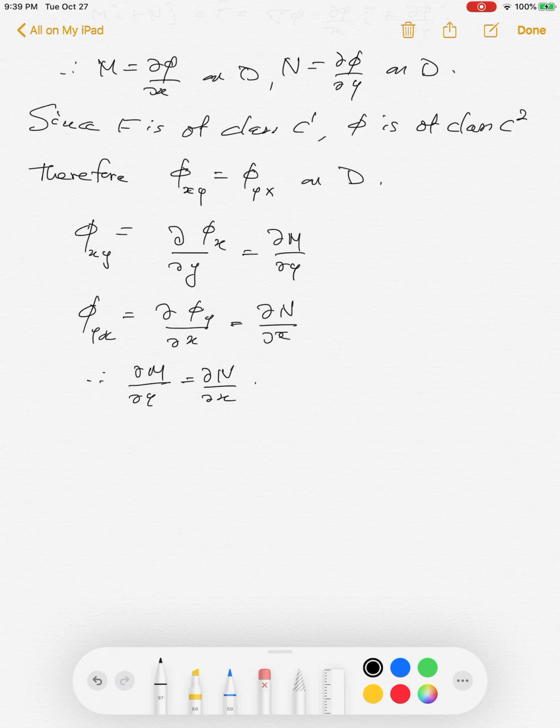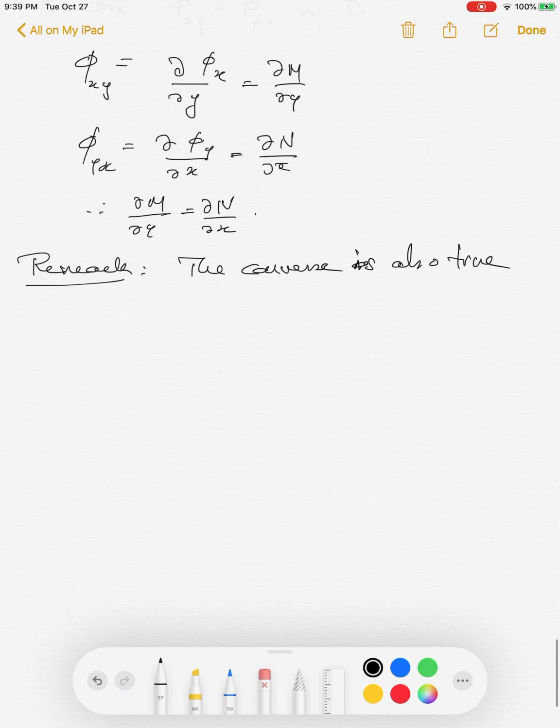The converse is also true, provided your domain D is so-called simply connected, which means it has no holes. So let me write this remark first. The converse is also true, I will write this as a separate theorem in a minute.